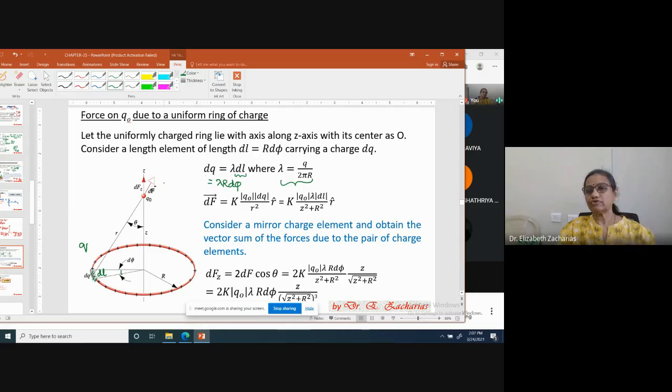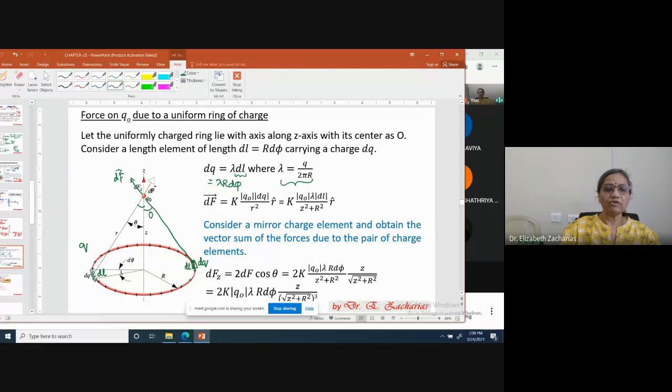So again, go for symmetry. You have to take a mirror charge element here, exactly diametrically opposite. Take an element dq of length dl, identical, and then talk about what is going to be the force because of this element at q naught. You will get an arrow like this. This will be df. Where are my elements with respect to my q naught? I will call this angle theta.